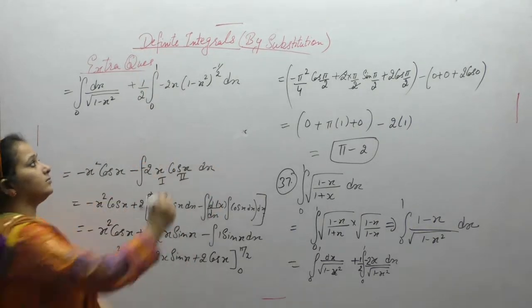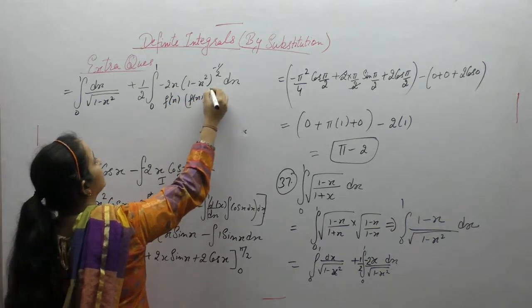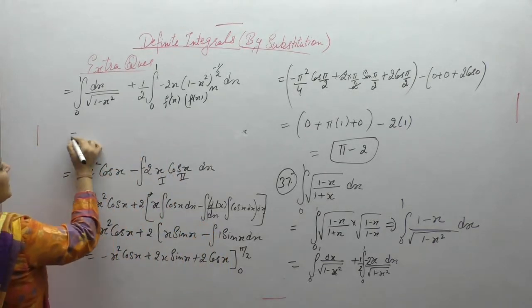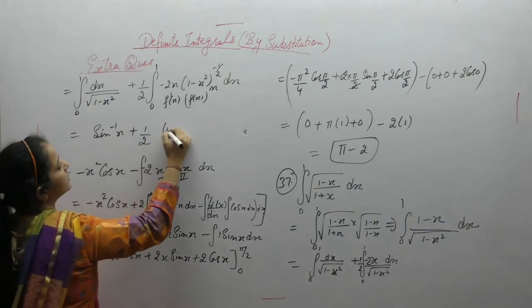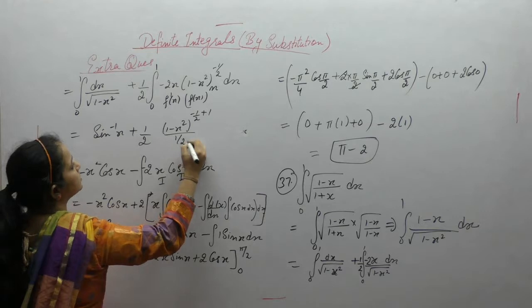This is of the form f dash x into f of x power n. Integral of this type is f of x power n plus 1, and minus 1 by 2 plus 1 is 1 by 2.